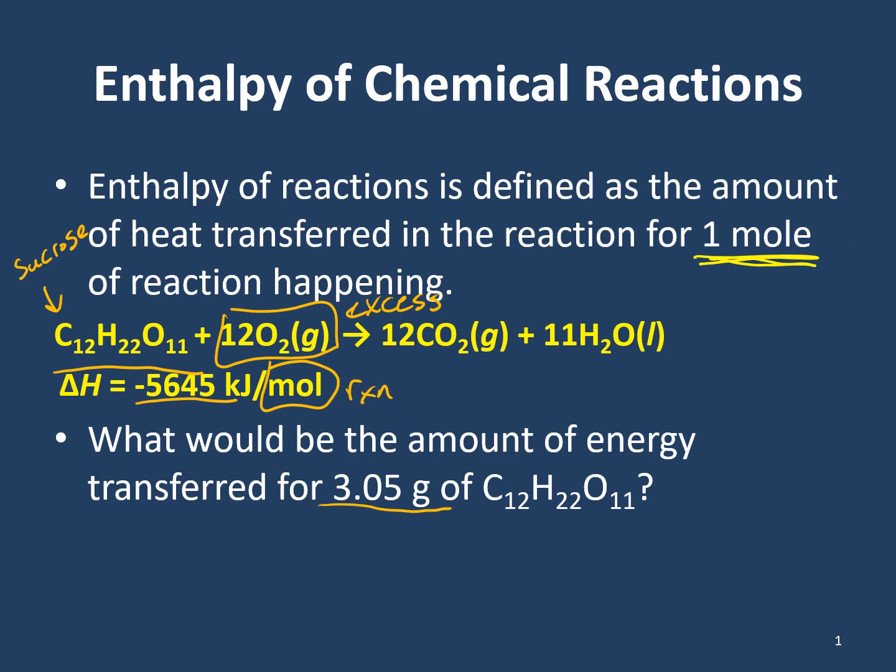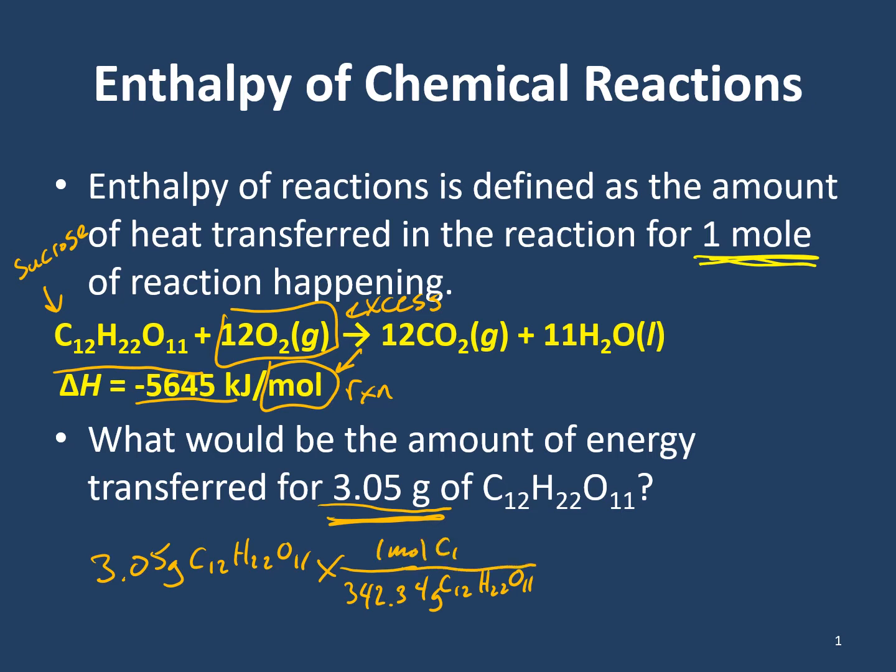Well, the first thing we need to do is get rid of this mole component, and we can do that by taking this 3.05 grams of C12H22O11 and converting that to moles. All right, so I know 3.05 grams of C12H22O11 has a molar mass of about 342.34 grams of C12H22O11 per 1 mole of C12H22O11.